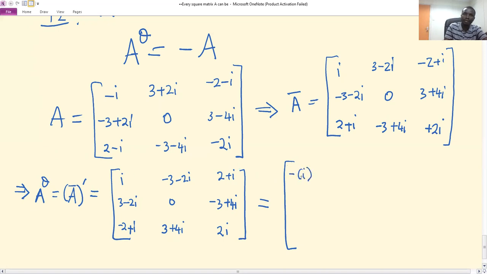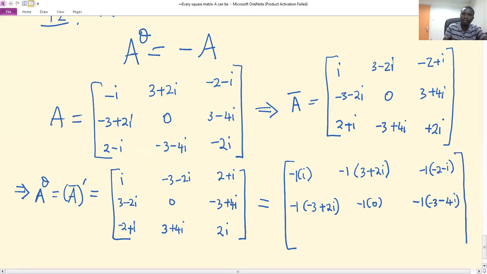So negative 1 times i, and then negative 1 times 3 plus 2i, and then negative 1 times negative 2 minus i, and then here negative 1 times minus 3 plus 2i, negative 1 times 0, negative 1 times 3 minus 4i, and then negative 1 times 2 minus i, negative 1 times minus 3 minus 4i, negative 1 times minus 2i.